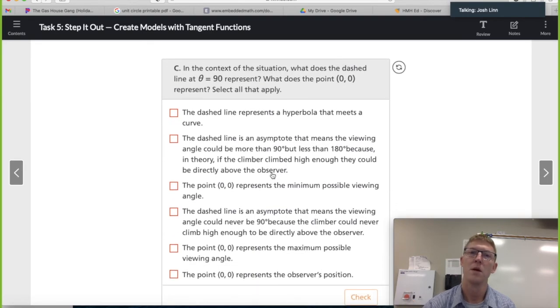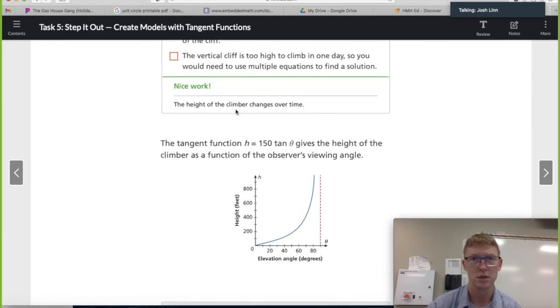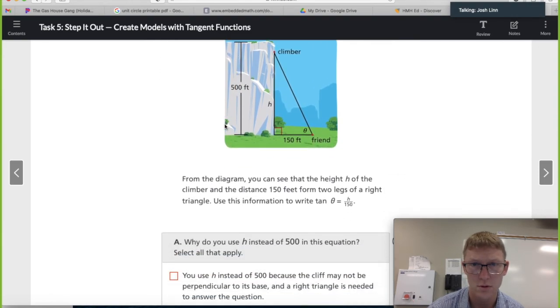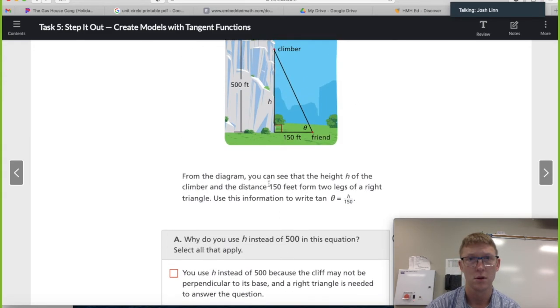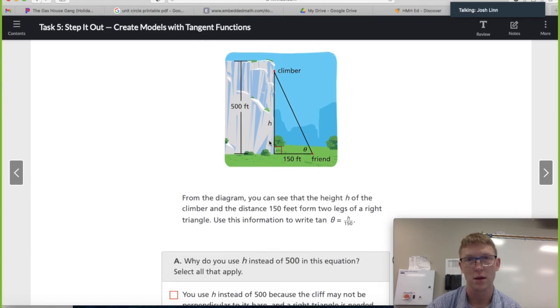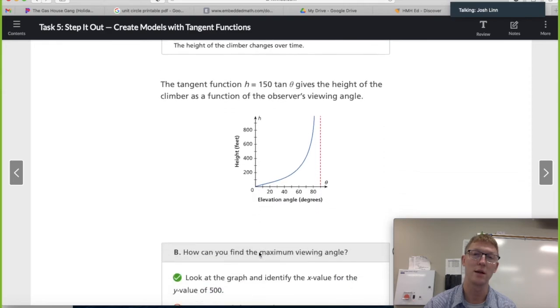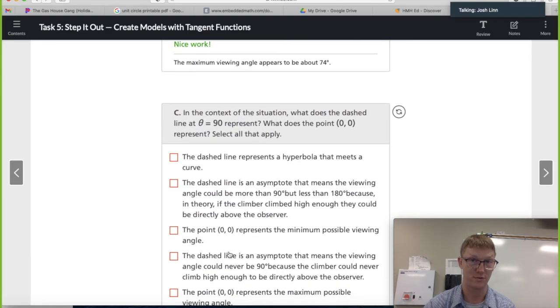That's what calculators are for. In the context of the situation, what does the dashed line at theta equals 90 degrees represent? If you imagine your theta at 90 degrees, it means your friend is looking straight up, and you would have to literally be inside of the cliff to do that, which would be false.